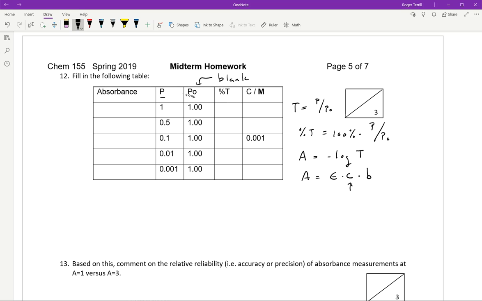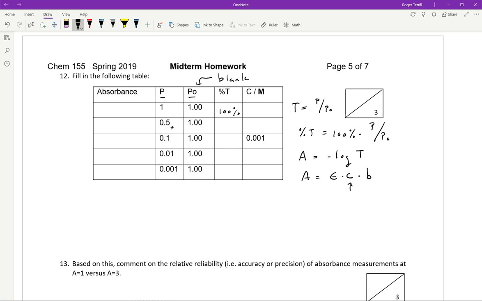We have light power and blank power for all of the samples. So let's just see if we can fill in the percent T here. If the light power is 1 and the blank power is 1, that's 100% times 1, which is 100%, right?